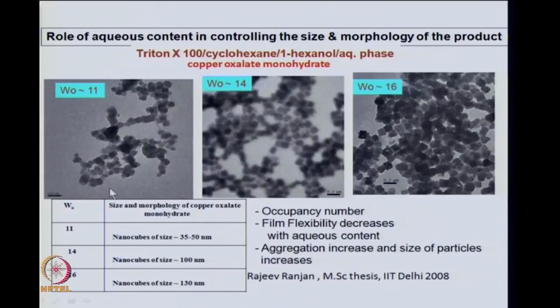So, in this case what happens, you are changing the W naught parameter, the size of the particle is increasing because you have more water, more crystallization, the reverse micelles are larger in size and the size of the particle increases. So, this is for the case where you have taken a neutral surfactant, where you get uniform particles, cube like particles and not rod like particles.